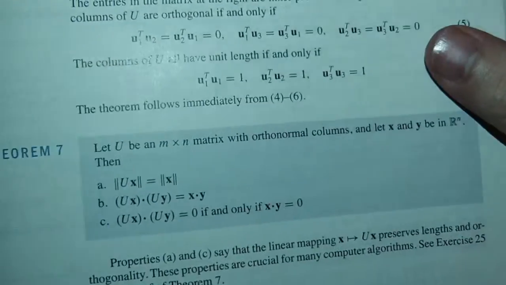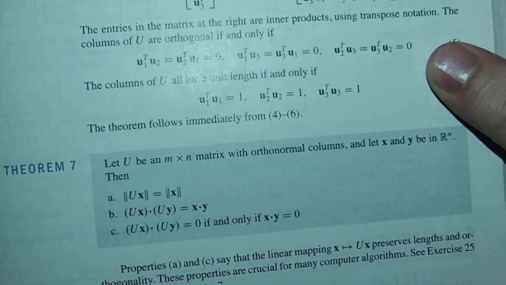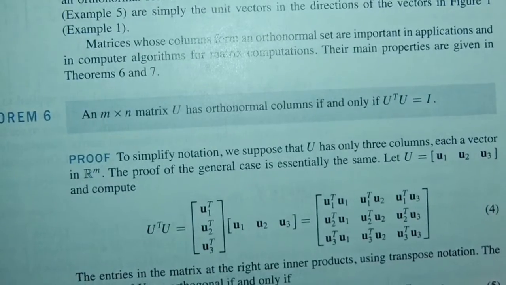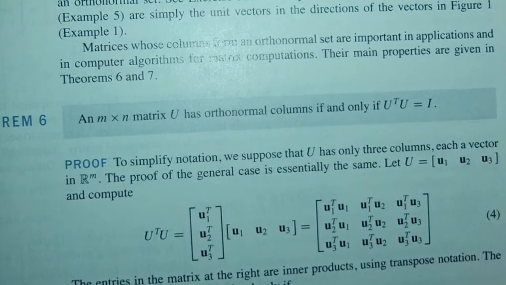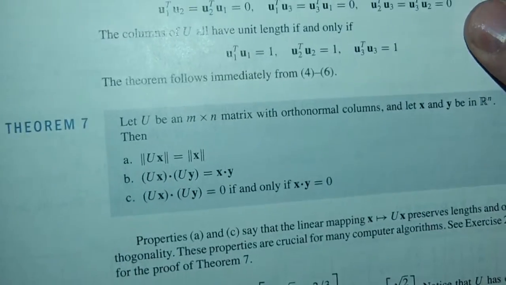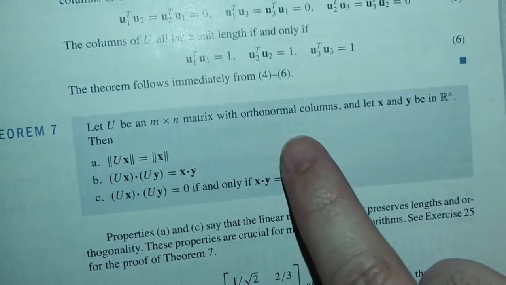So this was called Theorem 7 in this part of it. Here, let me make this not blurry. So this theorem gave some nice properties of these matrices that had orthonormal columns. So first of all, an m by n matrix U has orthonormal columns if and only if U transpose U is the identity. But also, these are the things that we're really interested in. So let U be an m by n matrix with orthonormal columns.